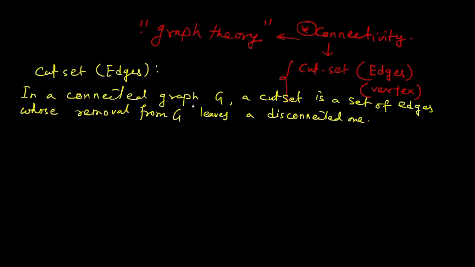That means if you remove that part, then G becomes a disconnected graph.